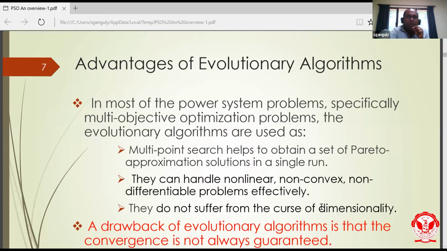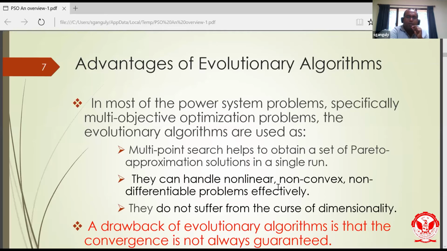So one algorithm can work with 5 variables, but it will not work with 500 variables. It will take a huge amount of time, maybe some years, to solve. This is called the curse of dimensionality. But the advantage of evolutionary algorithms is that they do not suffer from that.